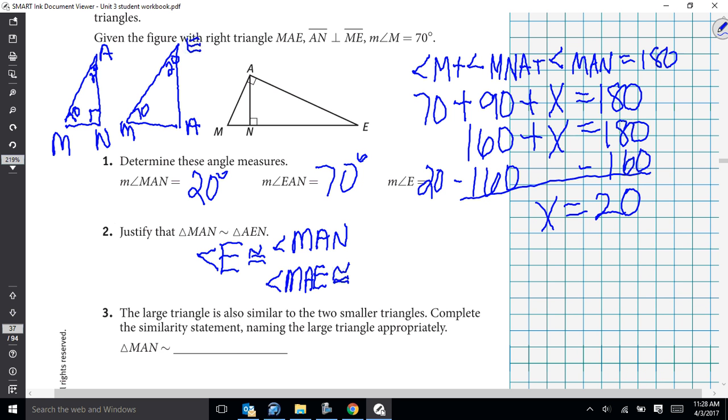All right, so MAE matches up to which angle here? How do I name the right angle? In order to use angle-angle similarity, how many corresponding angles do we have to show are congruent? Two. So because these corresponding angles are congruent and these corresponding angles are congruent, what do we know about our two triangles? They are similar.